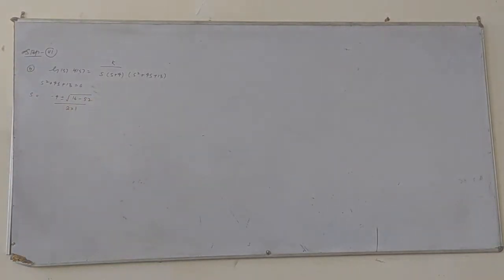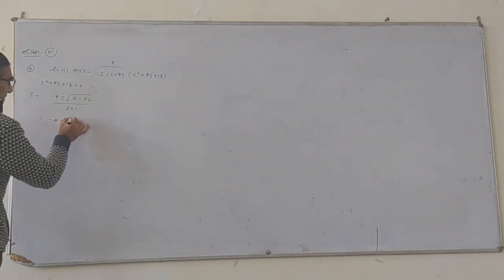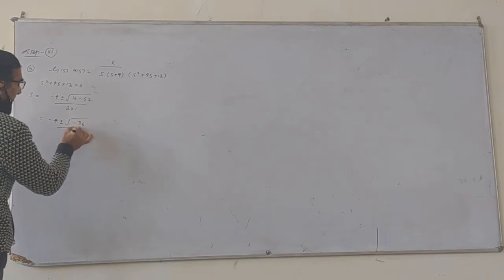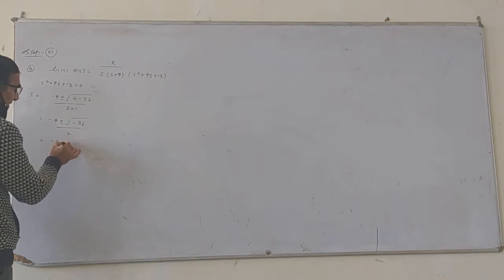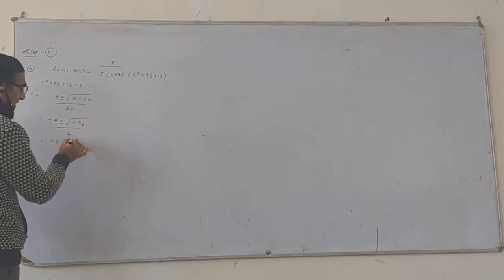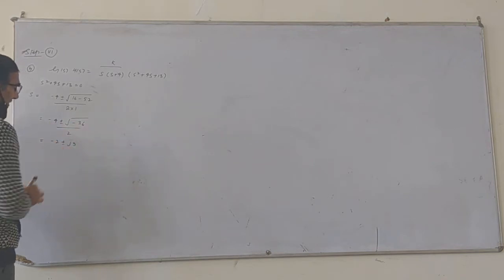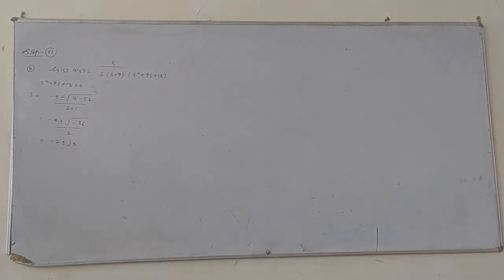So this root comes out to be minus 2 plus minus j, this is 36 basically, and solve it. So this is minus 2 plus minus j 3. Two complex and conjugate roots are there.